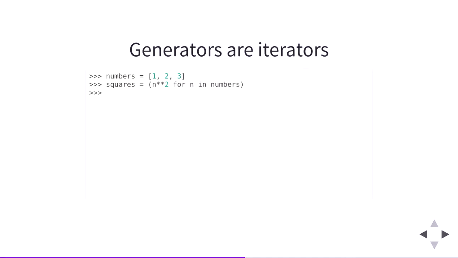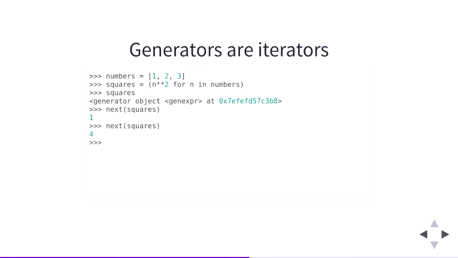In fact, we've already seen some iterators before I mentioned the word iterator on my slides here. This is a generator. This generator object is also an iterator, which means that we can pass it to the next function. Any iterator can be passed to the next function to get its next item. So generators are iterators.